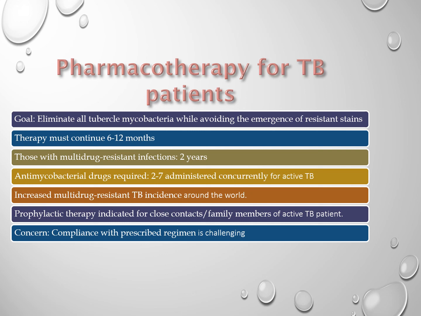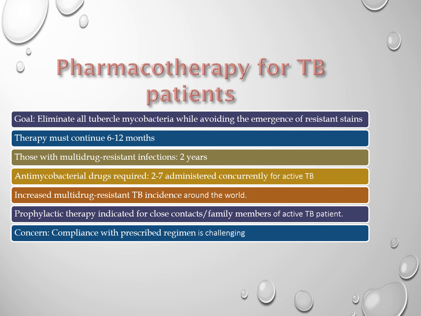So there's definitely an increased incidence of multi-drug resistant tuberculosis around the world, especially in impoverished areas, very crowded areas around the world, very overcrowded prisons and homeless shelters are perfect places for tuberculosis to flourish.